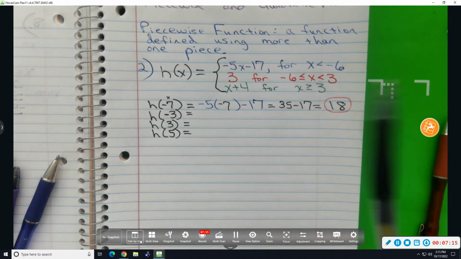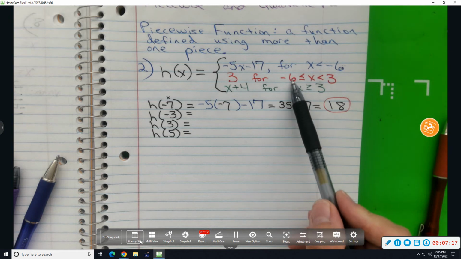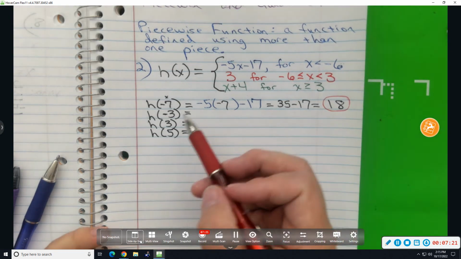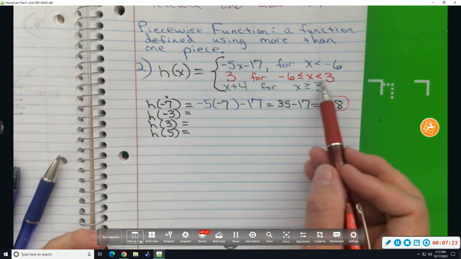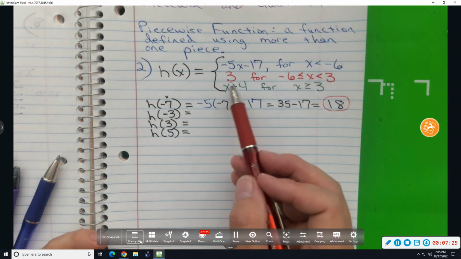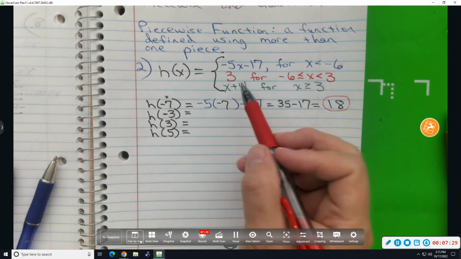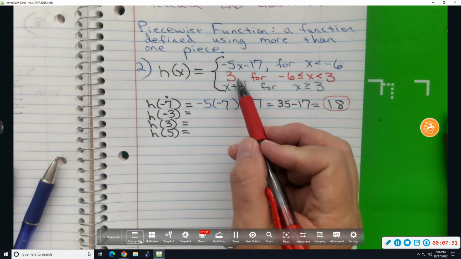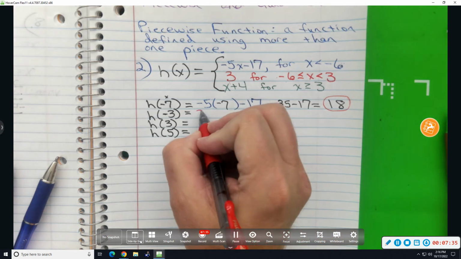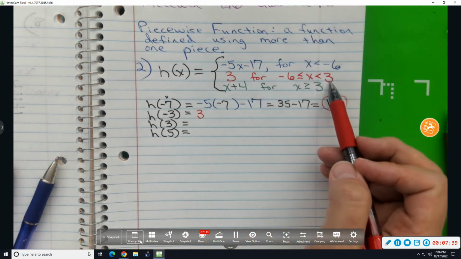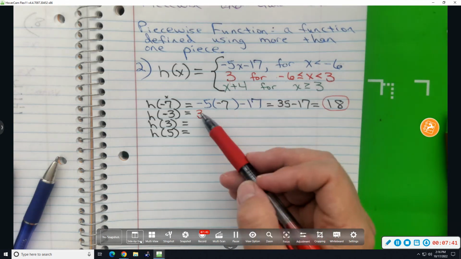Okay, the second one, -3 is between -6 and +3. So, I like this. We're using this part right here. What's the y value going to be? Is there a variable to plug in there? No, it's just a constant 3. So for x values between -6 and +3, the y value is just a 3.